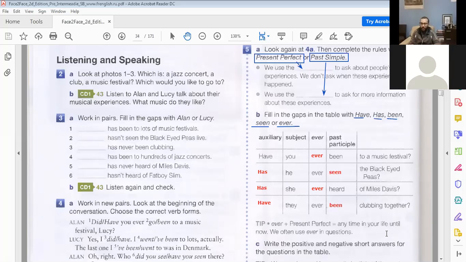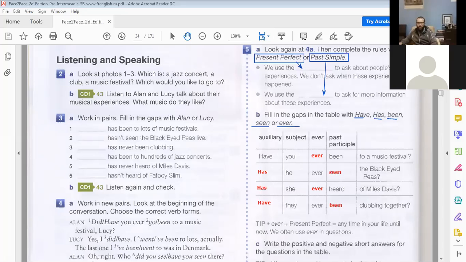But for example, if I ask you, Suhaib, has Rashid ever been to the Black Eyed Peas concert? How do you answer? No, I'm not asking about you, I'm asking about Rashid. What do you say? No, he hasn't. Or yes, he has. That's it. So this is the general idea.